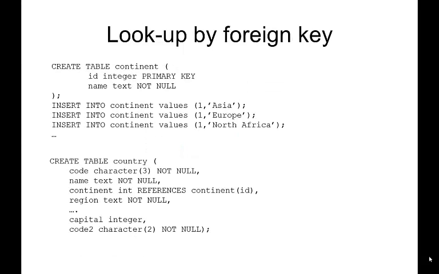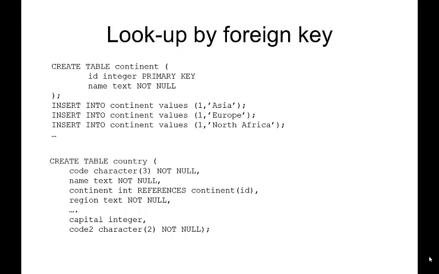The third approach is a lookup table through a foreign key. In this case we create a new table called continent, which we want the country continent field to look up.